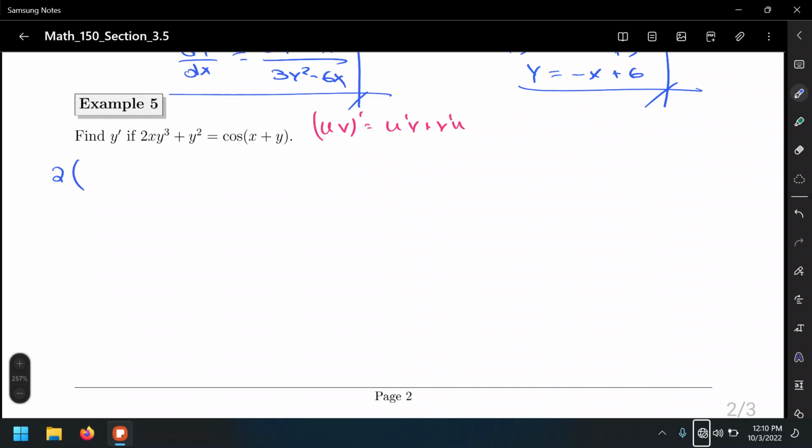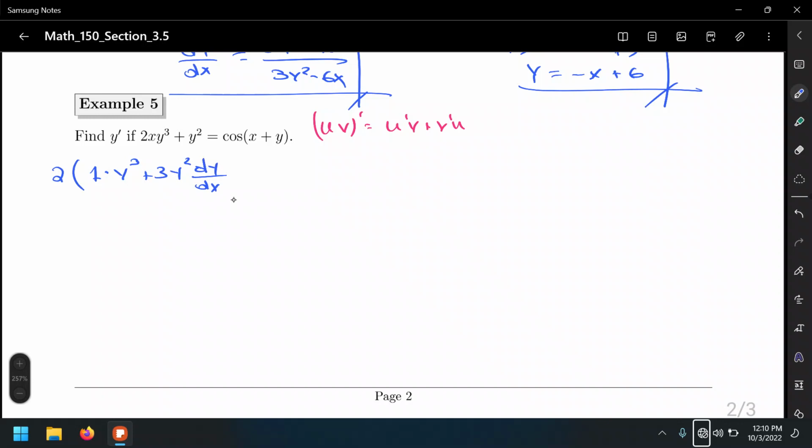Alright, so the derivative of u, which in this case is x, the derivative of x is 1, times v, which is y cubed, plus the derivative of y cubed. What's the derivative of y cubed? 3y squared dy dx.